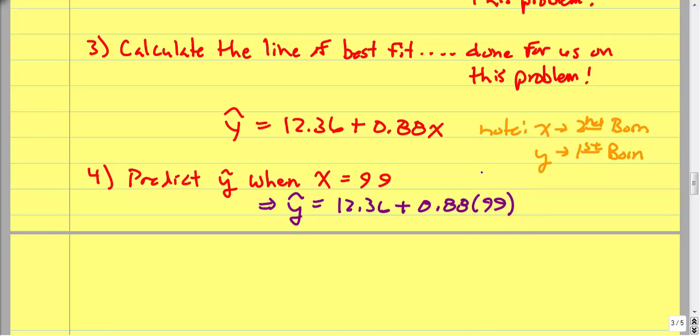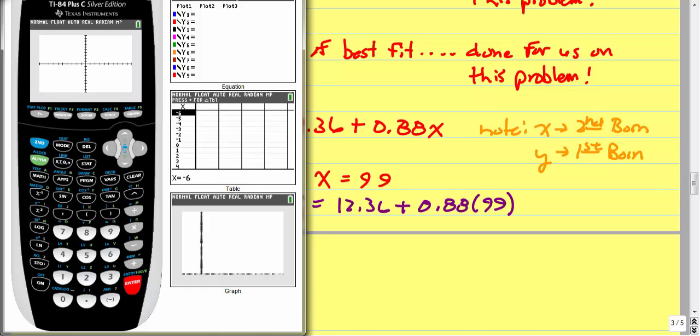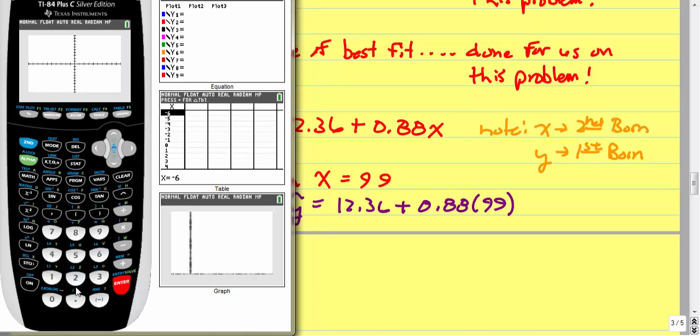So let's go ahead and grab our calculators. We're not doing anything statistical with this, we're just plugging it in and calculating. We have 12.36 plus 0.88, make sure we get the decimal in there, times 99. So we get 99.48. Now that seems reasonable.